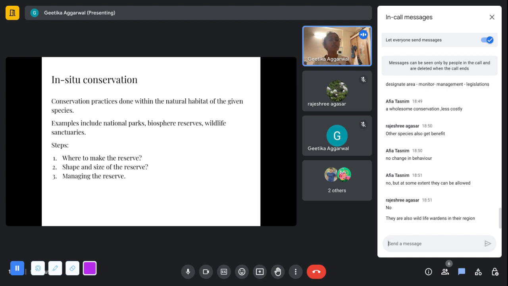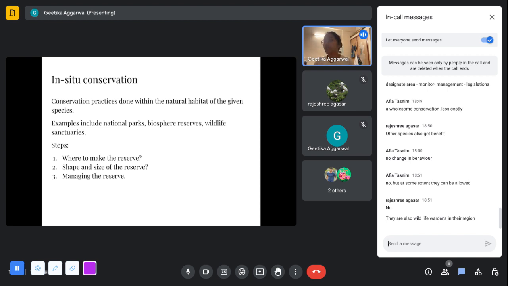Their rituals mostly include things like balancing a rock, and if it falls on one side, then they're going to use the forest resource. If it falls on the other side, they're not going to do it. So these are ways in which they themselves keep in check that they do not overexploit the area.